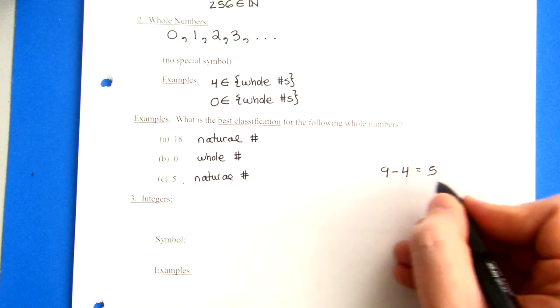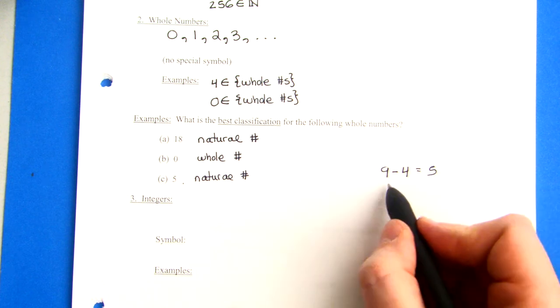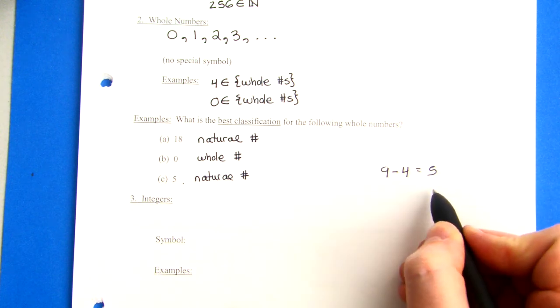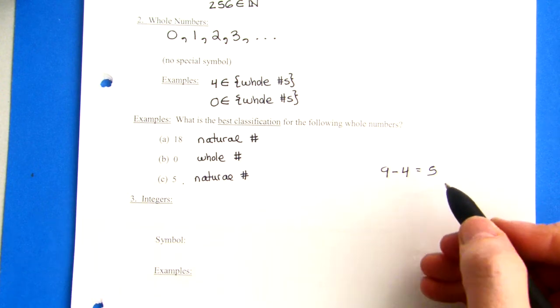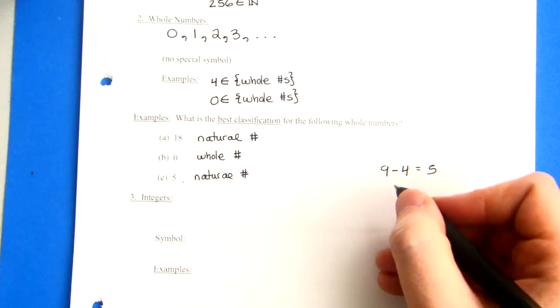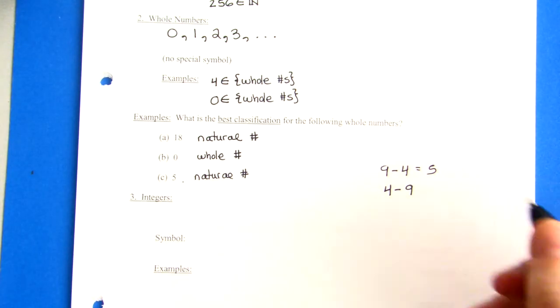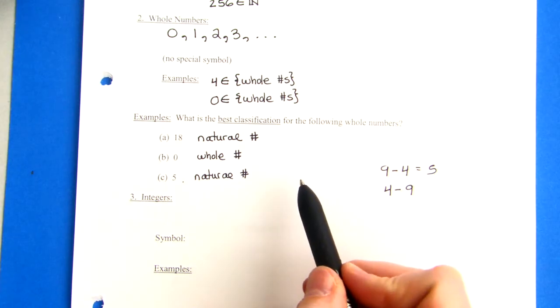Or whole number minus whole number gives us another whole number. But could you come up with a subtraction problem involving whole numbers whose answer is not a whole number? Well, actually, what if I just switch the 4 and the 9? If I do 4 minus 9, I get some number that I don't already have on here.